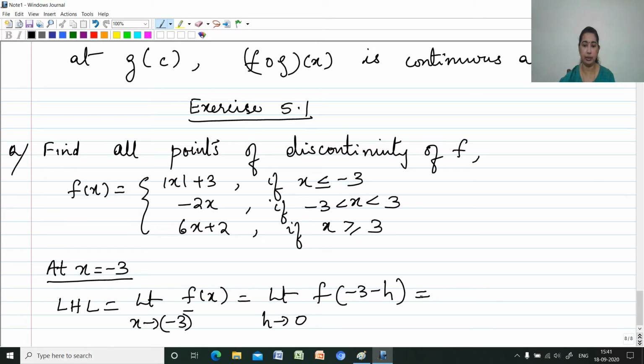So when x is less than minus 3, we have to take the function as modulus of x plus 3. So limit h tends to 0 modulus of minus 3 minus h plus 3. Here h is tending to 0, so modulus of minus 3 is 3. 3 plus 3 is 6.